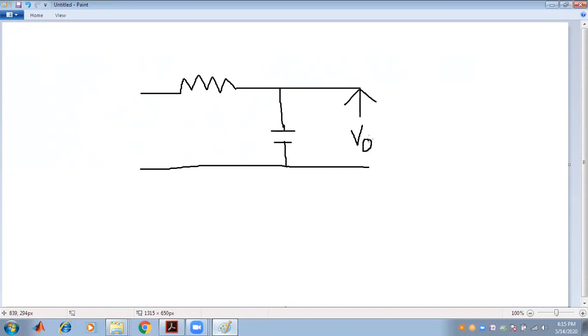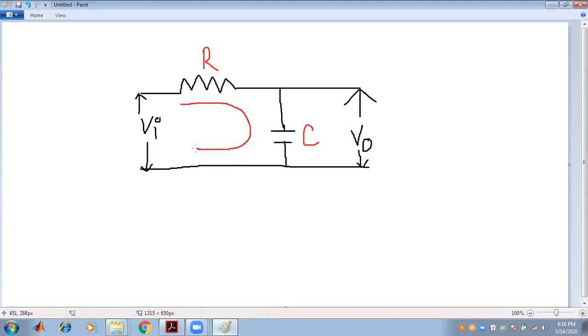V suffix O stands for output, and we are giving an input here, V suffix I. This is the input. So this is the resistance R. This is the capacitor C.